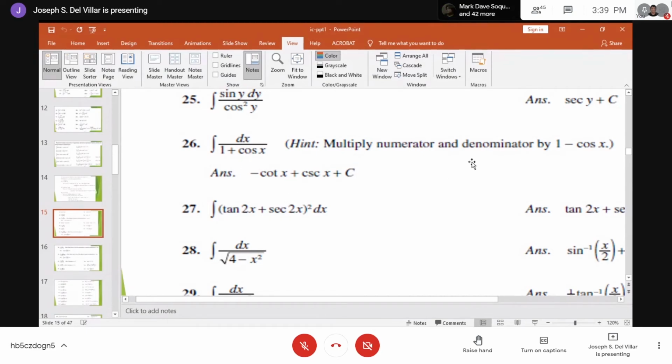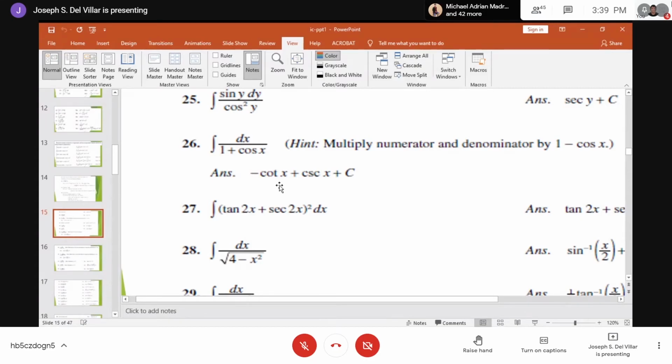Okay? And then, i-square nyo lang yung second term. Yun na yun. That's already the product. Wala siyang middle term kasi magka-cancel lang yun. Okay? So this translates into the integral of the quantity 1 minus cosine x dx all over 1 minus cosine squared x. Okay?